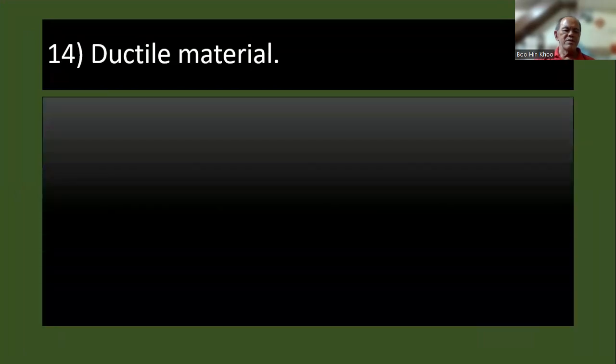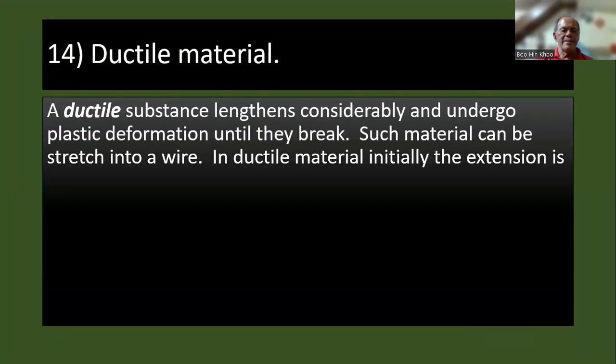Okay, let's go to ductile material. Force on different material, ductile material. A ductile substance lengthens considerably and undergoes plastic deformation until it breaks. Such material can be stretched into a wire.